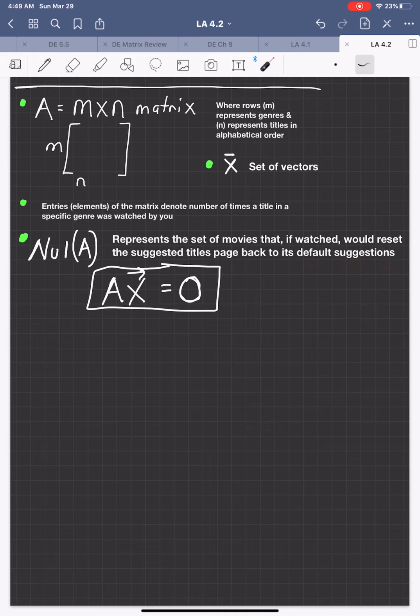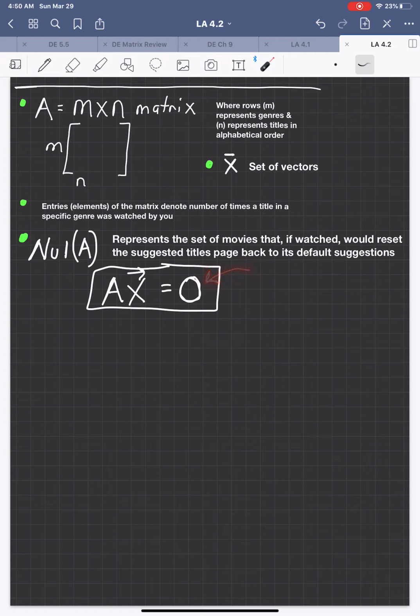So x is some set of vectors, some set of movies that you would have to watch, and some amount of times that you would have to watch them, such that when you do your A times x, you can reset your suggestions.